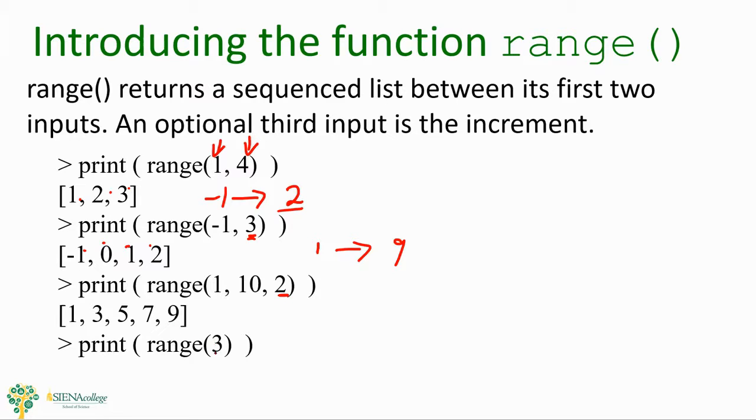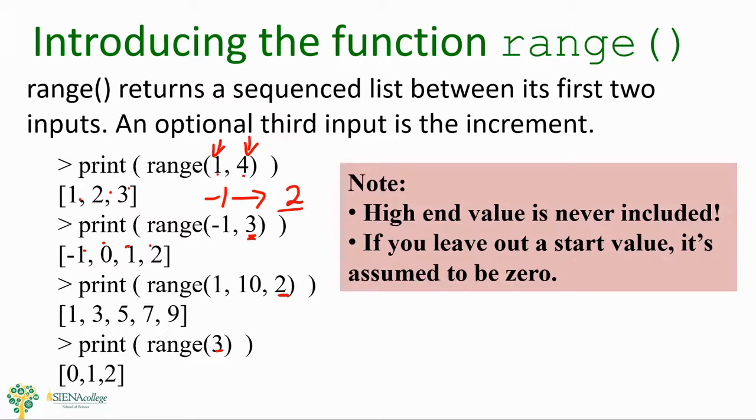If range is given only one value, it assumes 0. So it's going to be 0, 1, and 2. Range will give us a list from the first number up to, but not including, the last number. If you leave out the start value, it assumes that the starting point will be 0.